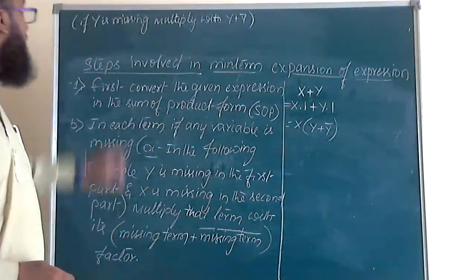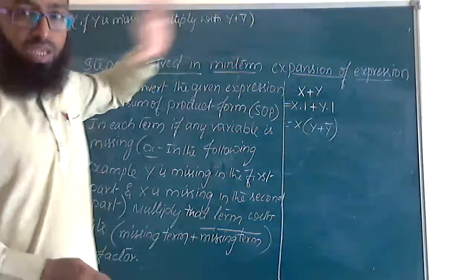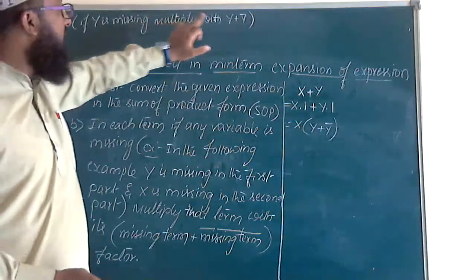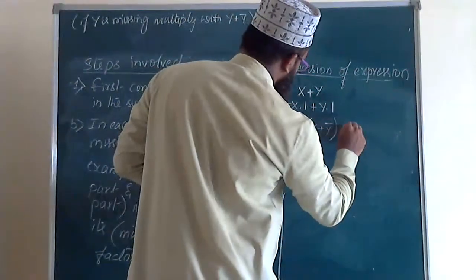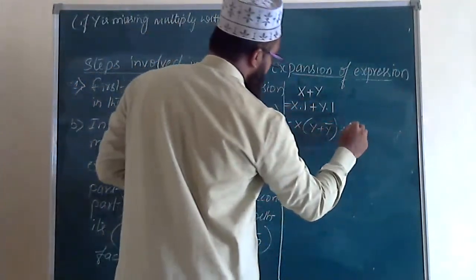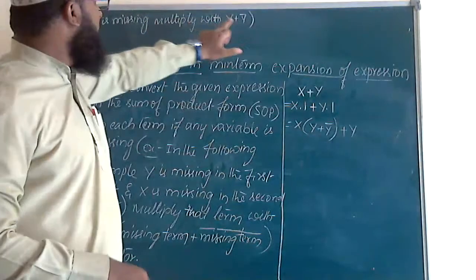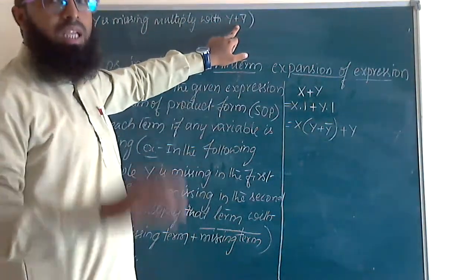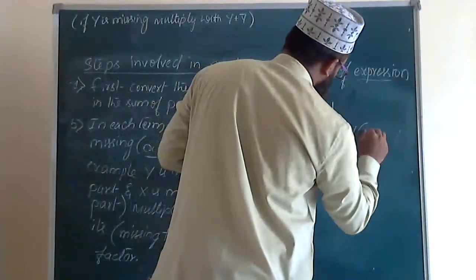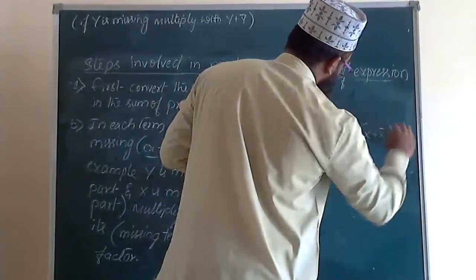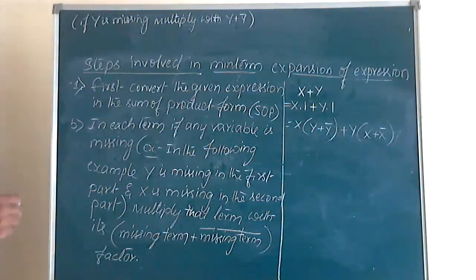This is called the factor. If y is missing, multiply with y plus y bar. Then if x is missing, multiply with x plus x bar. Like this, we have to write.